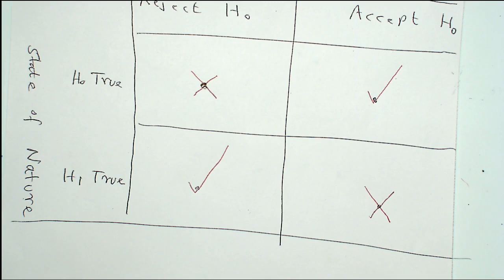So of the four possible outcomes, two of the outcomes are things that you don't want to happen, but they are bound to happen, right? And the remaining two outcomes are things that you would like to happen, that is this one and this one, right?